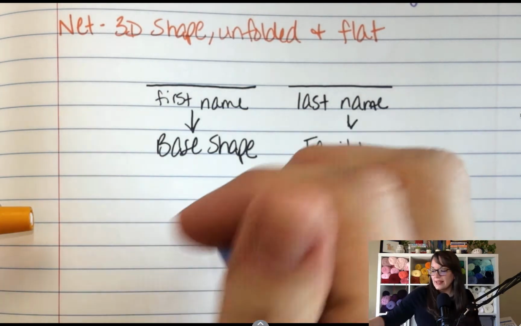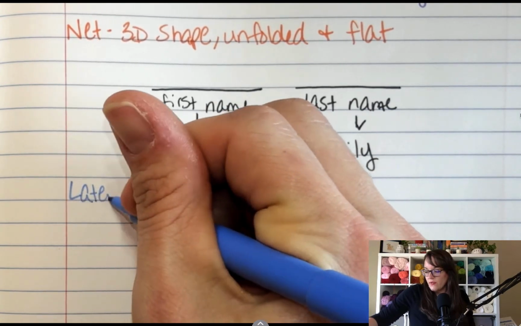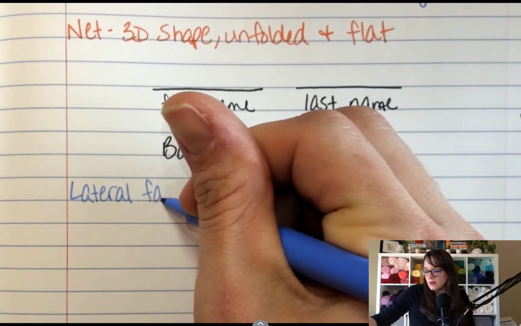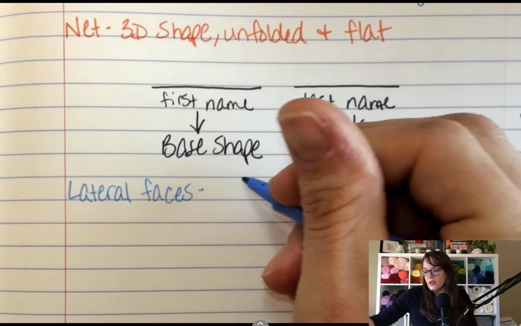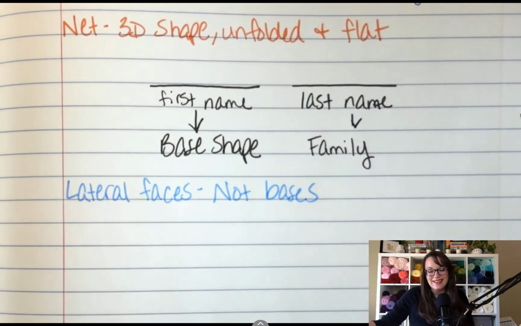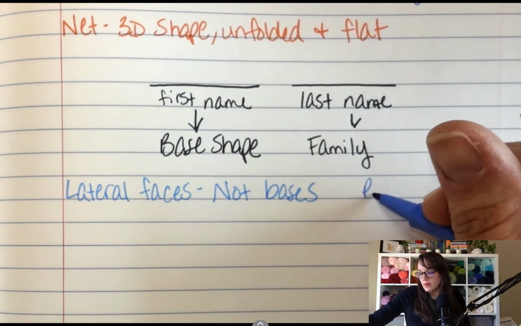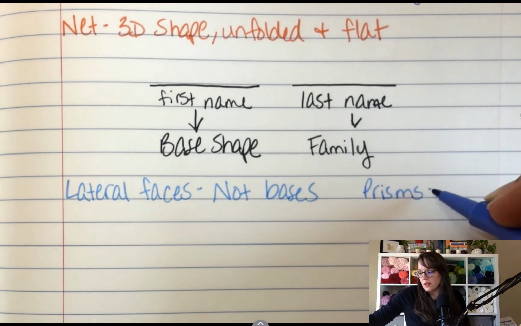Okay, so we've got lateral faces. Lateral faces, they're not the bases. Not the bases. For lateral faces, when we have prisms, lateral faces are rectangles.